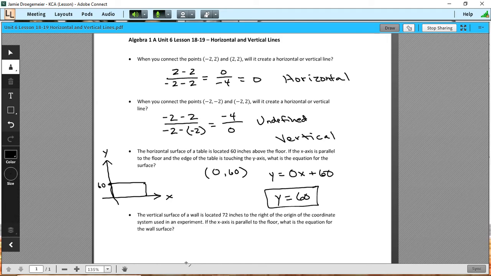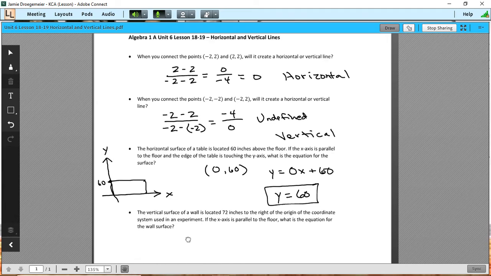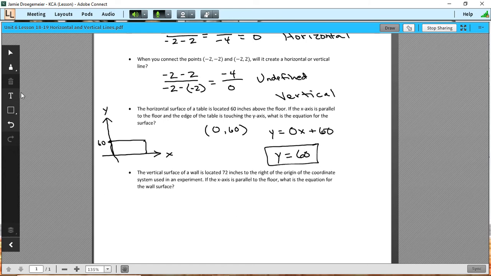Next question says the vertical surface of a wall. So we have our vertical surface here, and that was a terrible line that I drew. Let's try that again. Not much better, but a little bit better. 72 inches to the right of the origin of the coordinate system used in an experiment. So this is our origin point 0, 0.